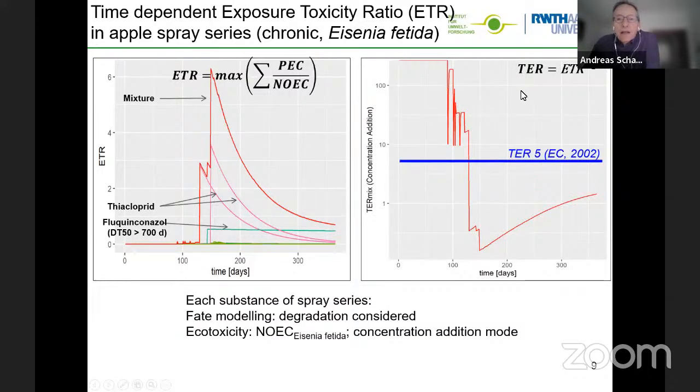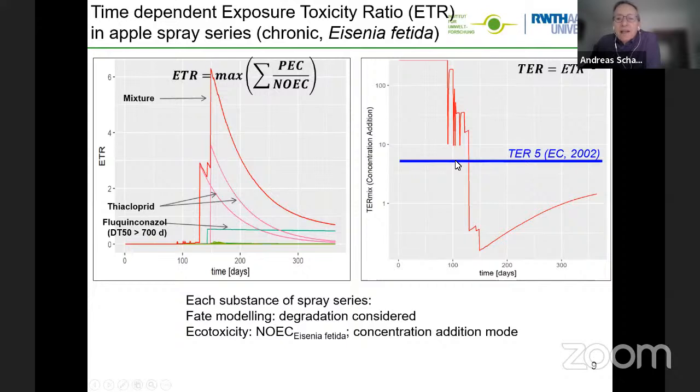If you take the reciprocal value, the toxicity exposure ratio, which is 1/ETR, then you can demonstrate that organisms are at risk. This blue line here is the toxicity exposure ratio limit defined by the European Commission for earthworms, taking into account the no observed effect concentration of Eisenia fetida, a compost worm, and we considered the concentration addition model for these.